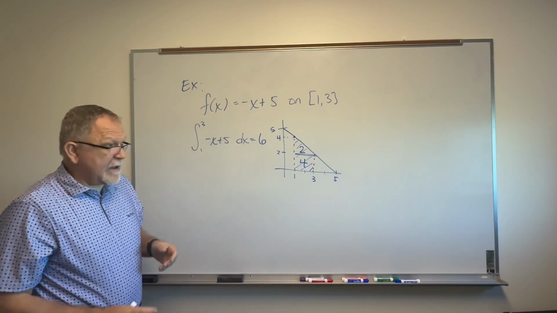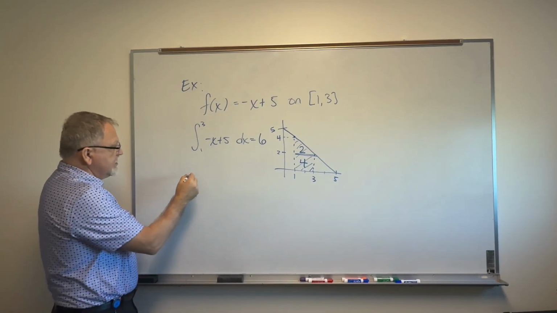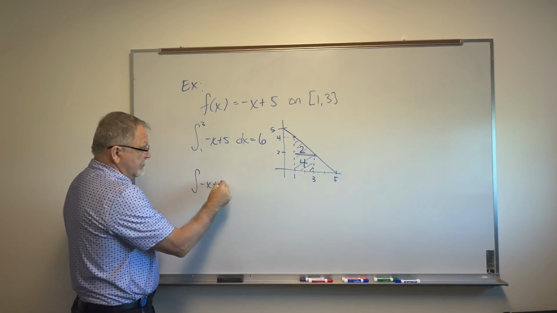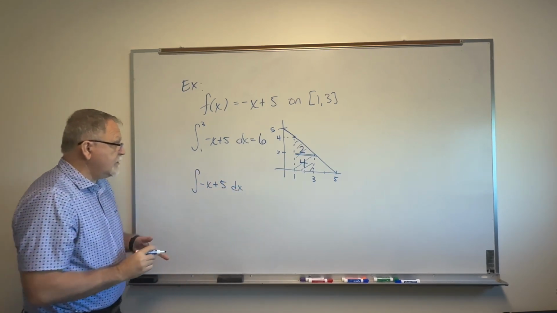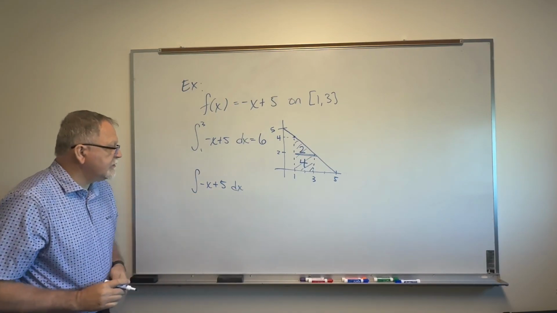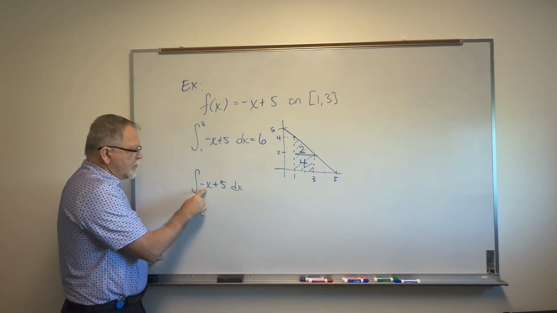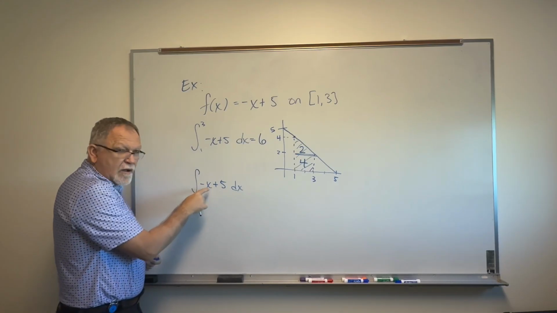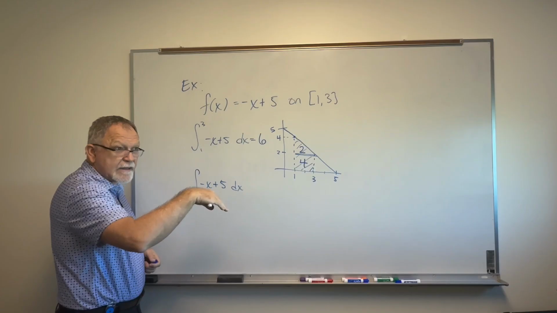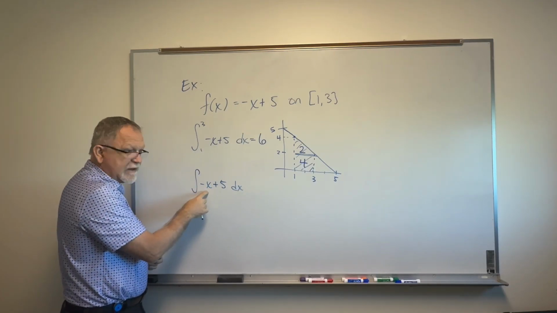The next task I'm given is to determine the integral of negative x plus 5 dx. So find the function that has this as its derivative. Okay, so this almost looks like the derivative of x squared. The derivative of x squared is 2x, but this is just a negative x.